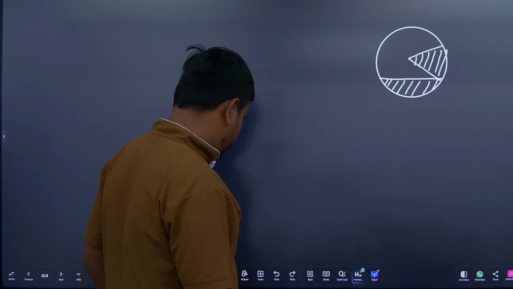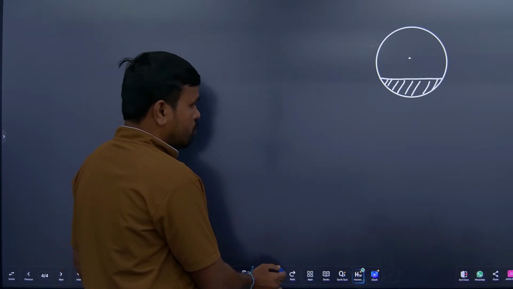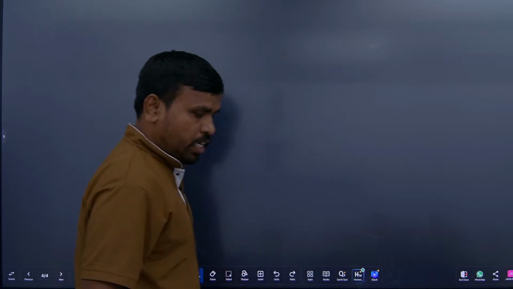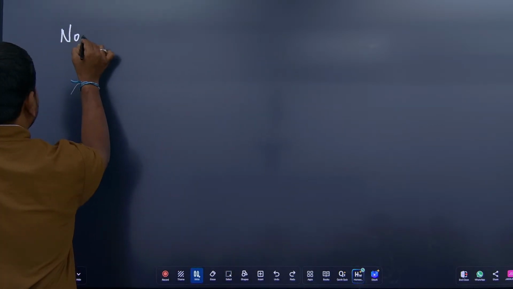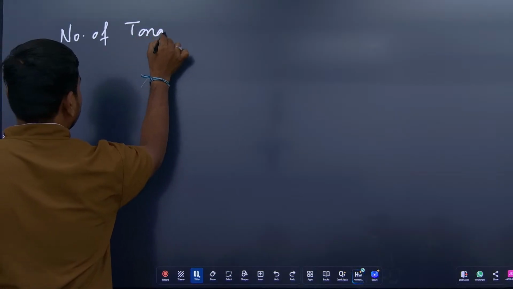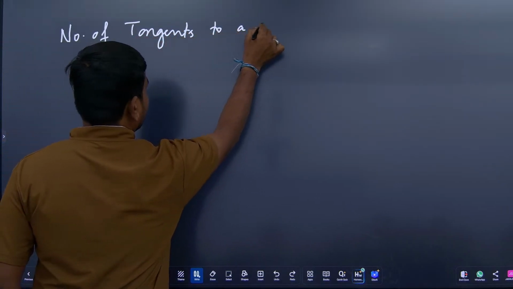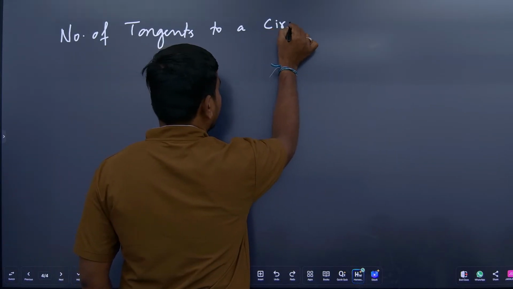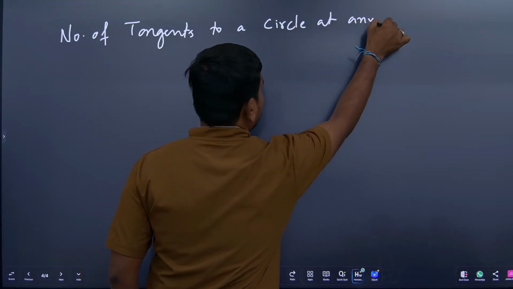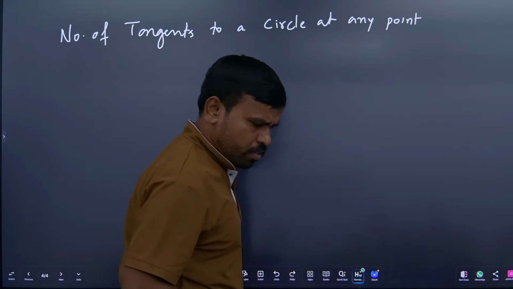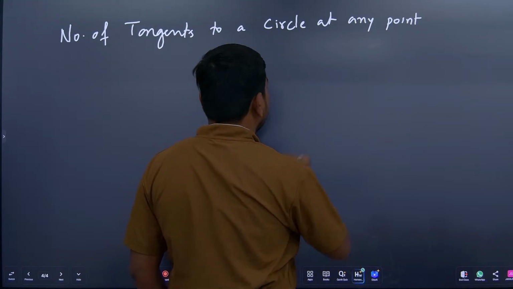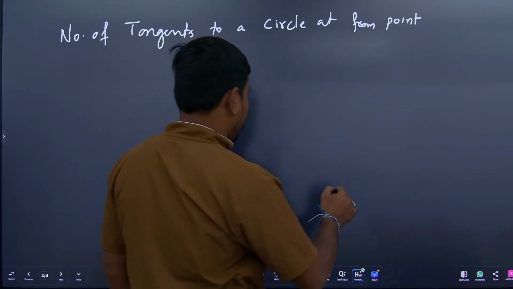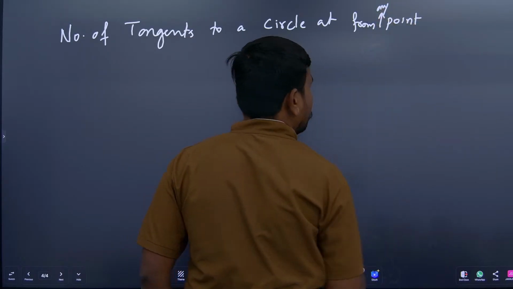Now let us understand the number of tangents to a circle from any point.